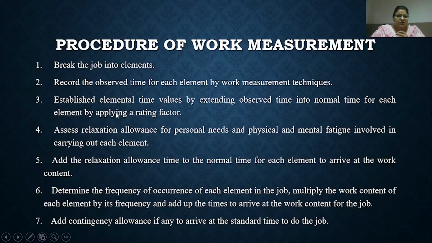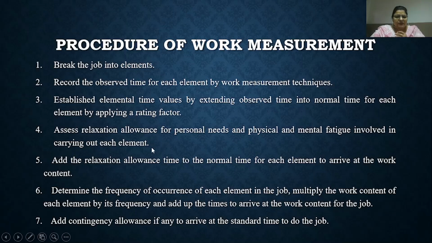Next is to establish elemental time values by extending observed time into normal time for each element by applying a rating factor. Through the rating factor, we can easily compare the observed time and the normal time given to the worker.